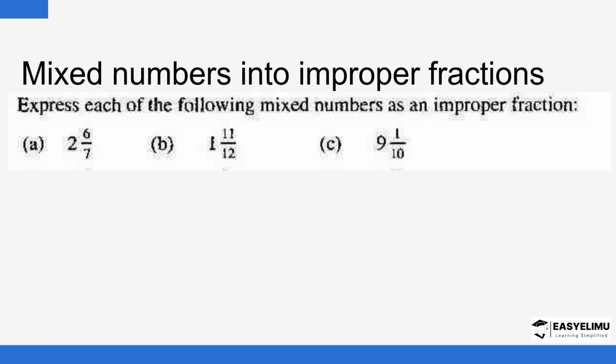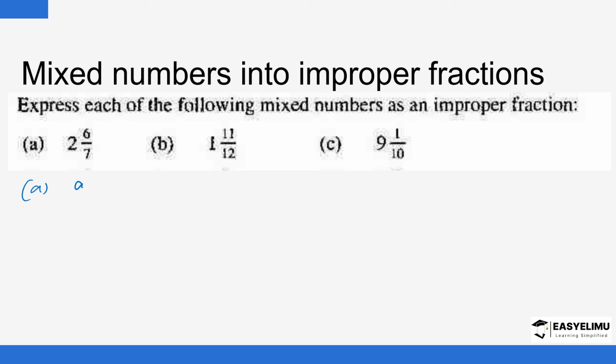So let's see how we can change mixed numbers into improper fractions. Mixed numbers into improper fractions. So we have the mixed number. We start with A here. So what you need to do is you multiply. See the rule.